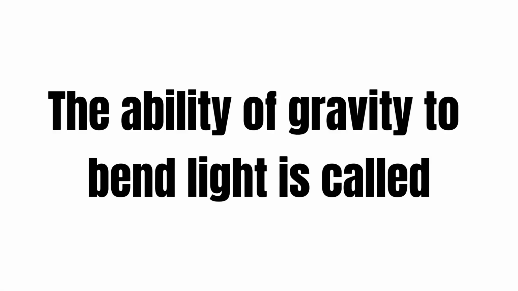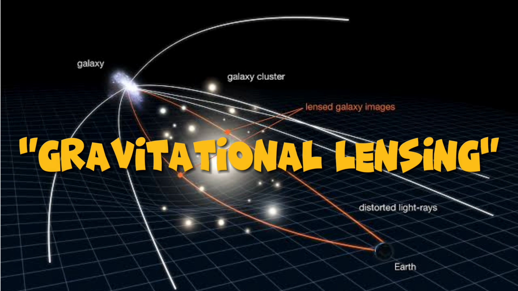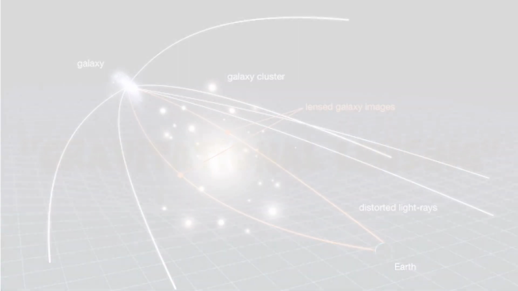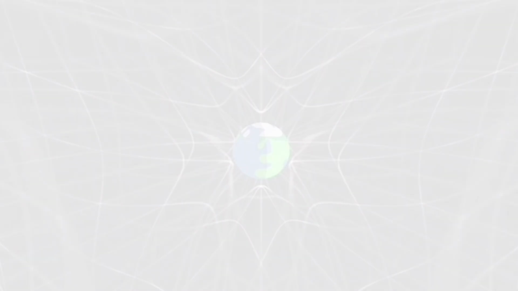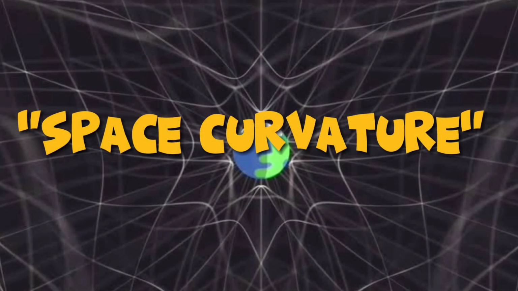The ability of gravity to bend light is called gravitational lensing. It is possible if there is something called space curvature.